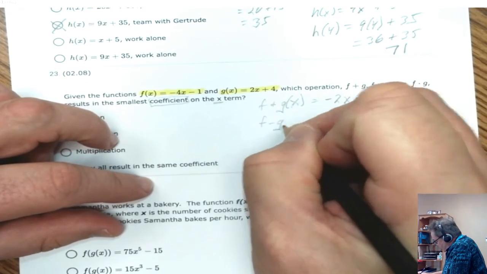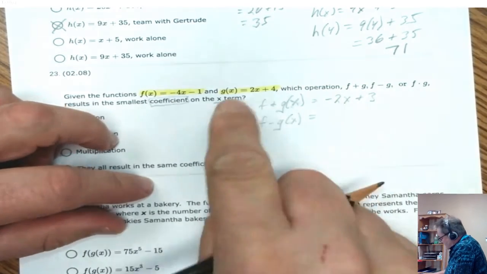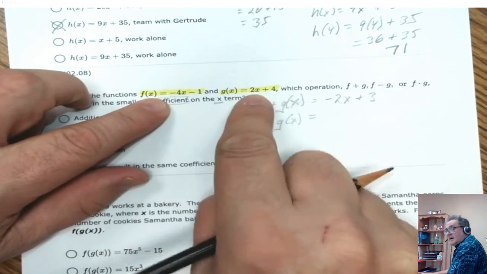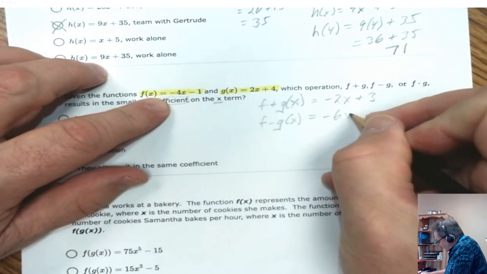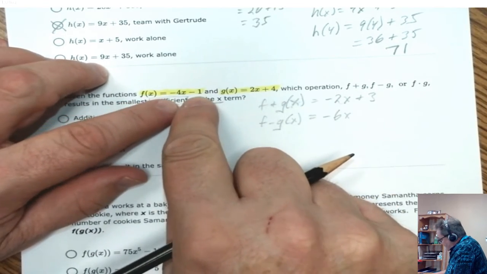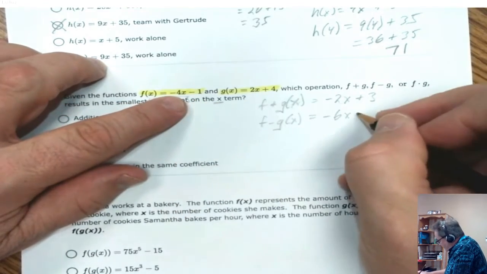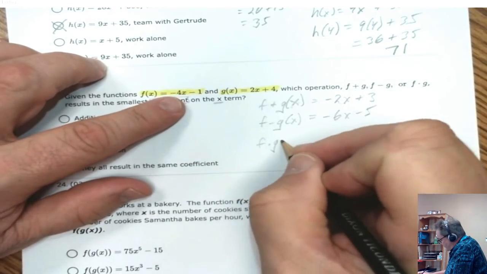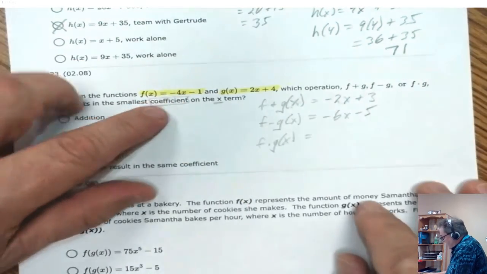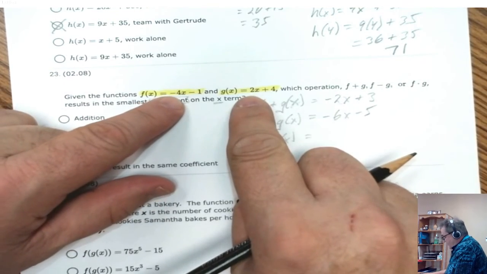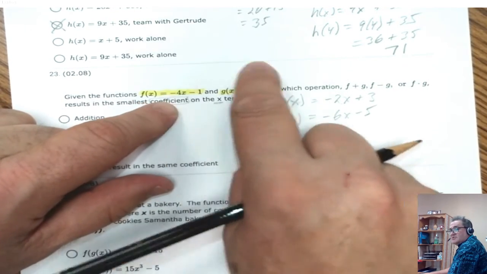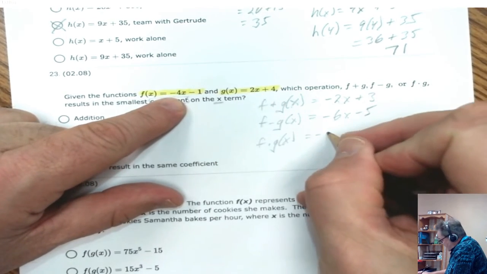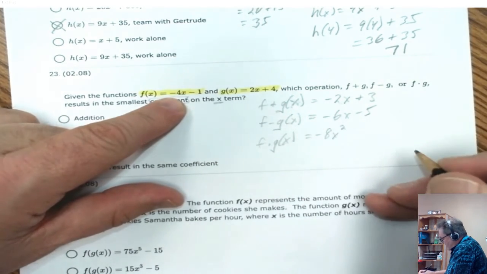(f minus g)(x). We're subtracting g from f: negative 4x minus 2x is negative 6x, and then negative 1 minus 4 is negative 5. And then finally multiplying them, we have negative 4x times, remember we have to distribute both of these, negative 4x times 2x is negative 8x squared.